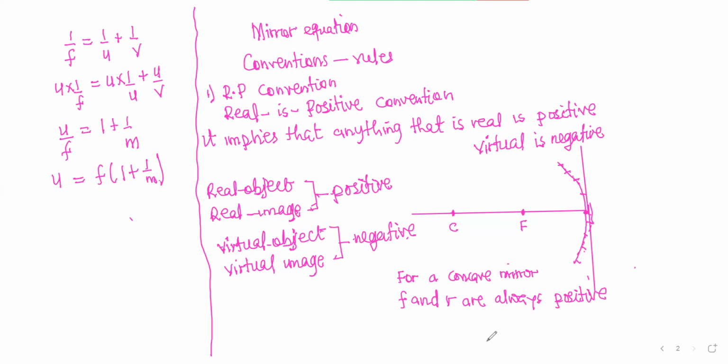Okay, so for a concave mirror, F and R are always positive because they have a real principal focus and a real center of curvature.